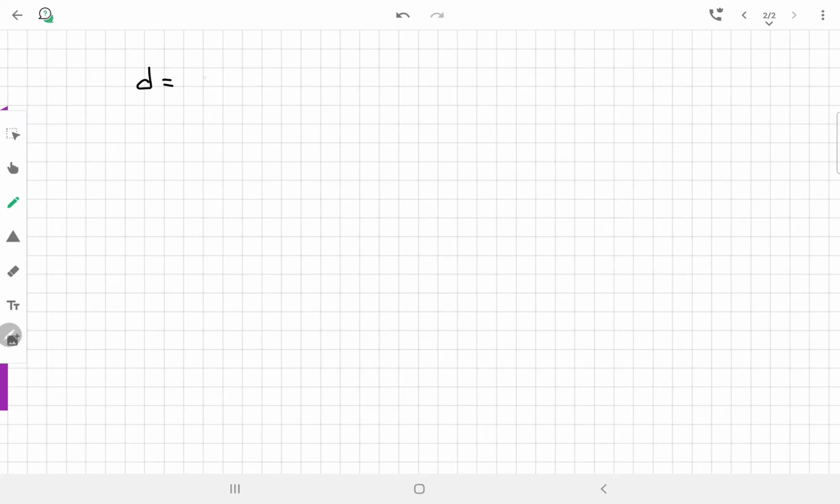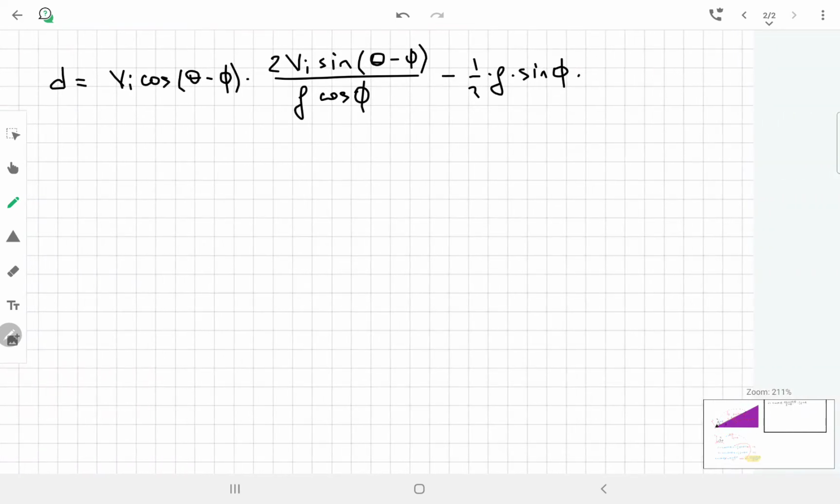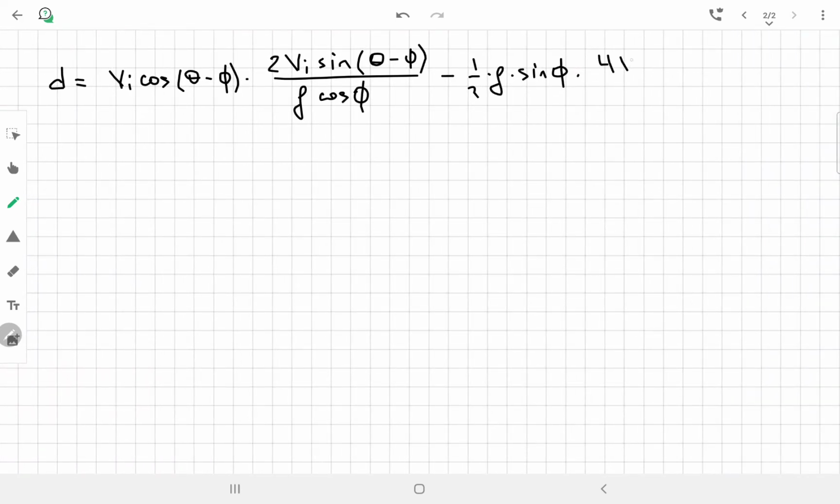So d is equal to v initial times cosine theta minus phi times time, and time was equal to 2 times v initial sine theta minus phi over g cosine phi, minus 1 over 2 g sine phi times time squared, which is 4 vi squared sine squared theta minus phi divided by g squared cosine squared phi.